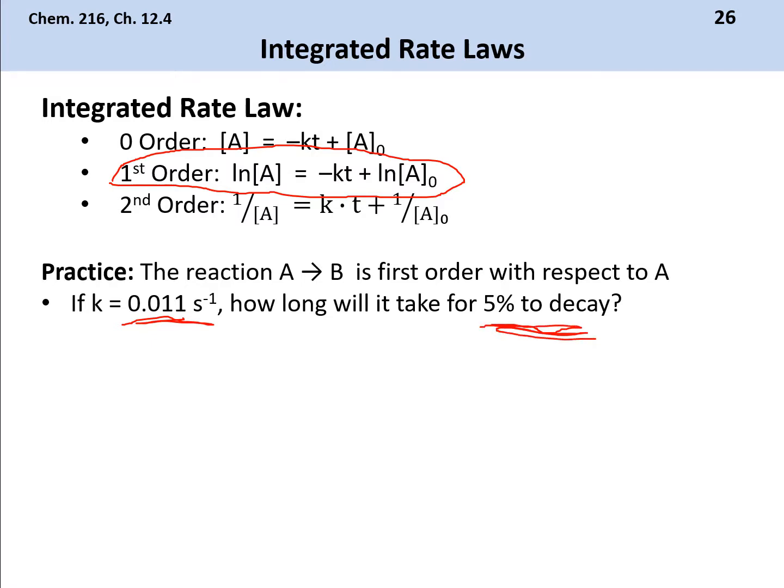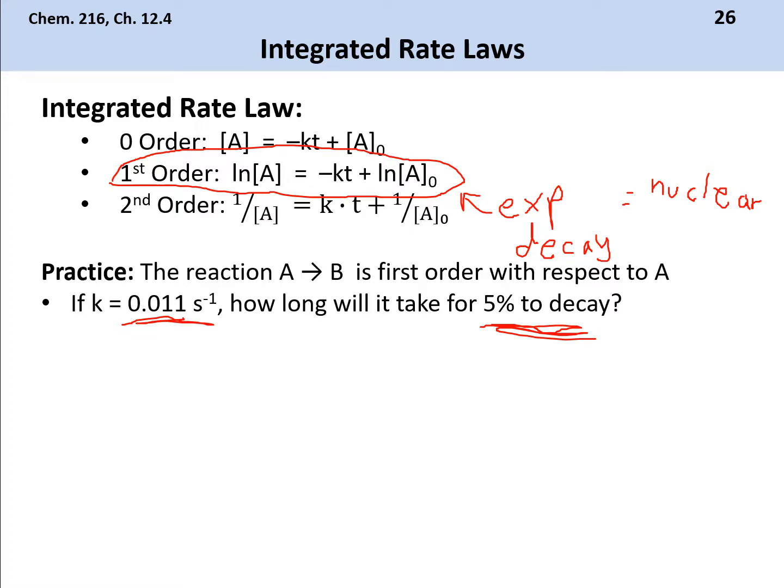The reason we're asked about this for first order is because first order is exponential decay, and exponential decay is what we have with nuclear decay, right? Nuclear waste. So what we want to know is, I have this nuclear waste, how long is it going to decay before it's good?